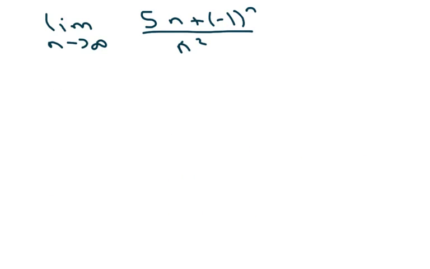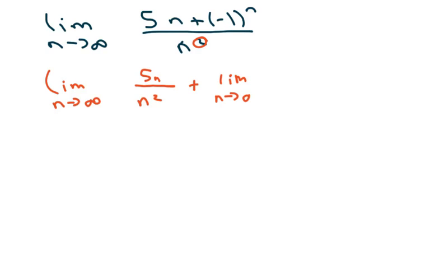Okay, the last one we have is this one. We're going to divide everything by n squared, because my highest power is this. So I'm going to rewrite it. It's going to be 5n divided by n squared, plus the limit as n approaches infinity of negative 1 to the n over n squared.